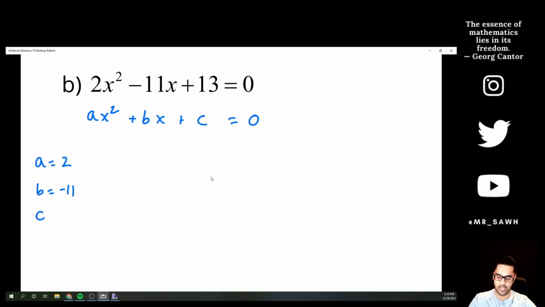C is 13. Okay, so same formula, x is equal to negative b plus or minus the square root, b squared minus 4ac, whole thing divided by 2a. So if I put in negative b this time, well, b is already negative 11, so that will become positive 11.